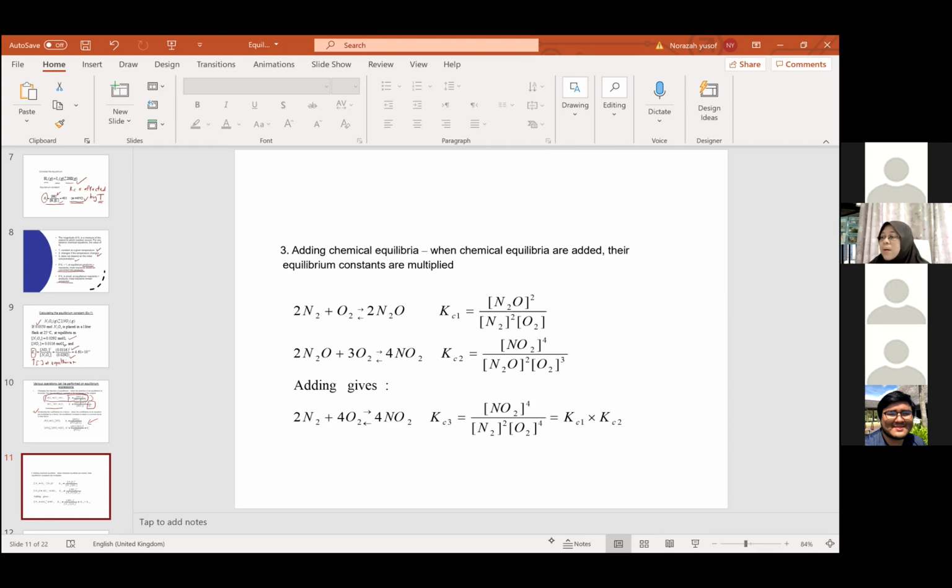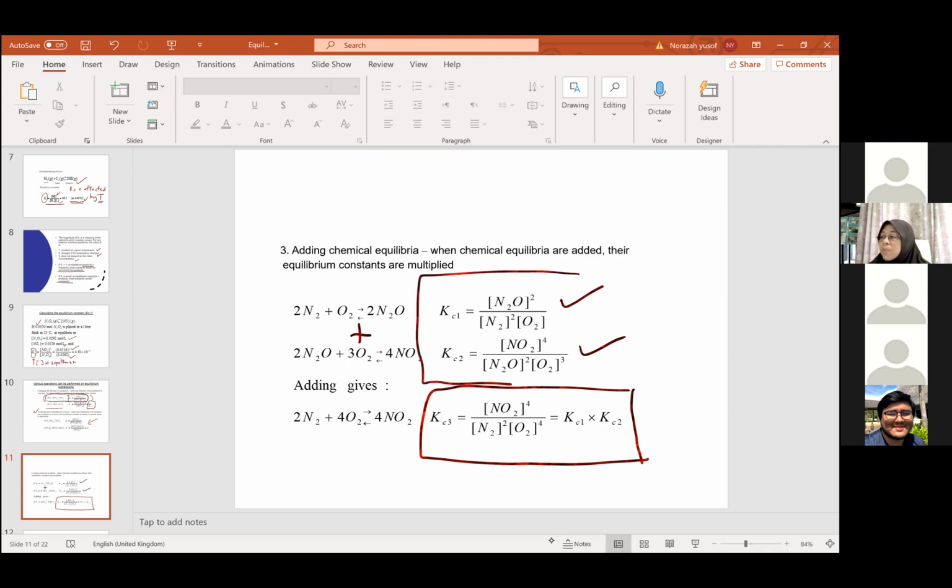You have two equilibrium expressions, and let's say you add them, so the equilibrium expression is multiplied.